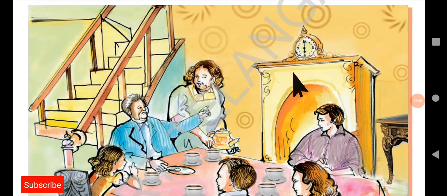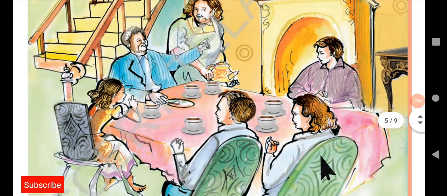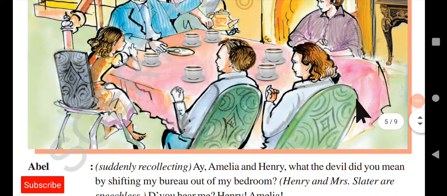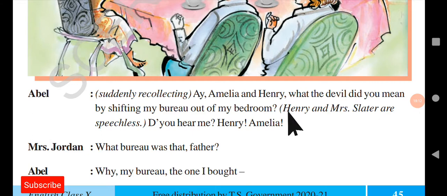They both brought them down because they thought the old man was dead, and if the younger sister comes, she will just pick up some of the father's things. So Amelia doesn't want to lose those things, and she brought them down before her sister Elizabeth comes home. Now Abel Meriwether, the old man, is not dead. He comes down and sees that bureau, and immediately asks, what happened to my bureau? Why is it down here?